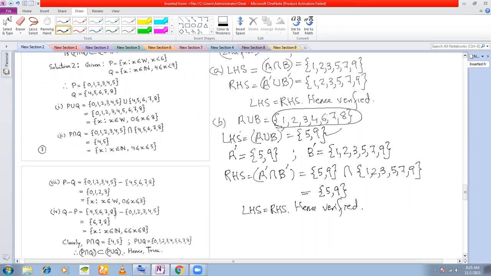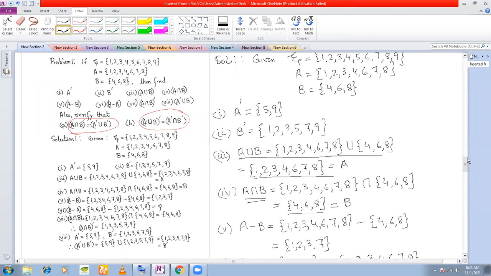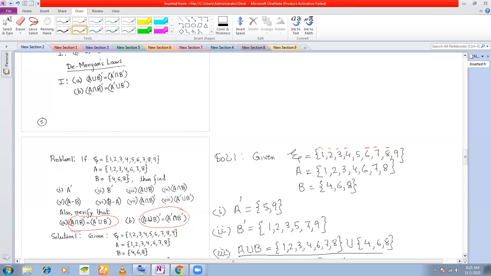All those elements that are not there in A union B. So what are the elements that are not there in A union B but are there in the universal set? 5, 9. Because see, I have removed all the elements, all these red ones. These were all elements of A union B. I have removed all of them. So what am I left with? Only 5 and 9. Clear?